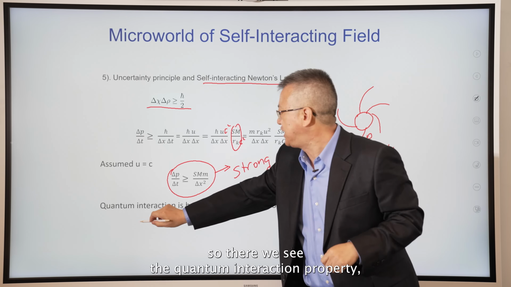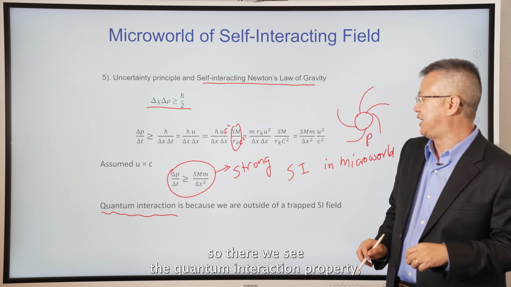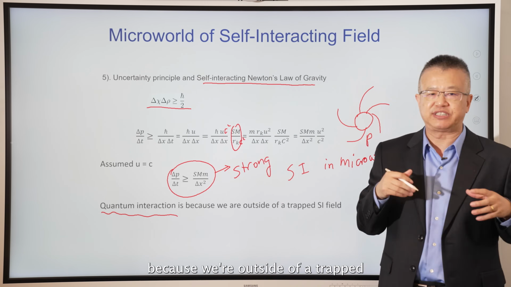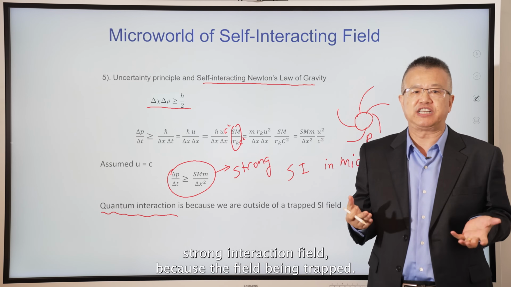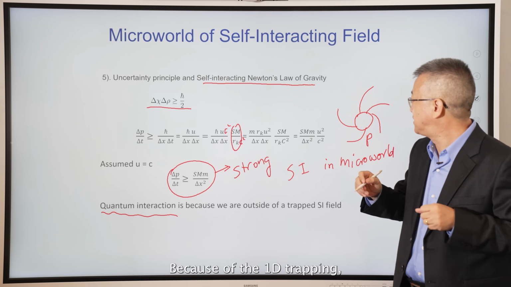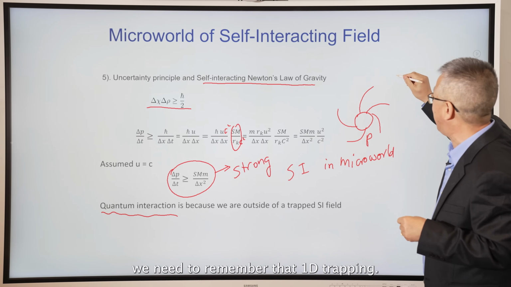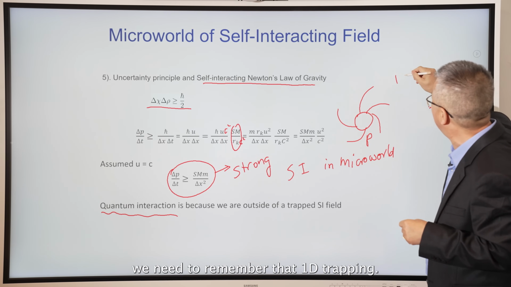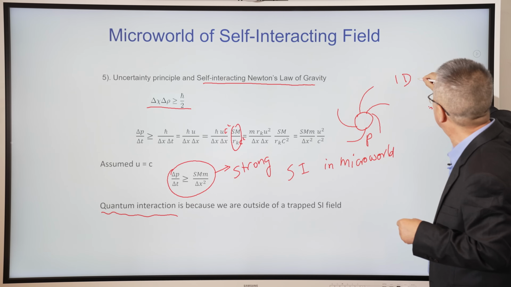We see the quantum interaction property because we're outside of a trapped strong interaction field. The field is being trapped because of the 1D trapping, we need to remember that. 1D trapping.